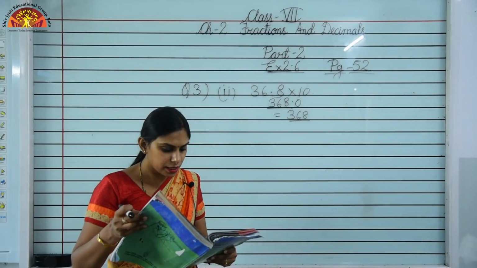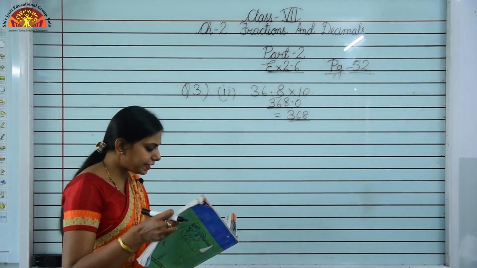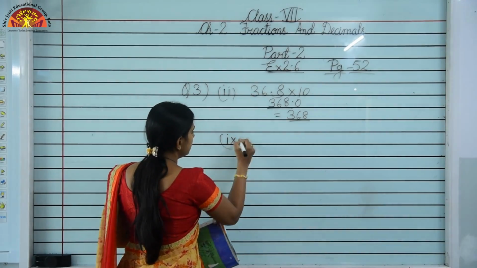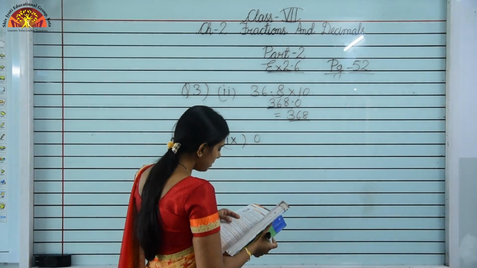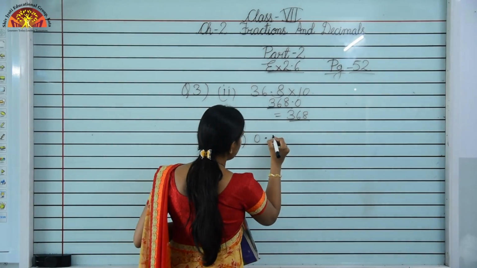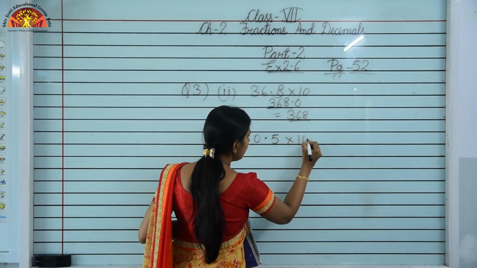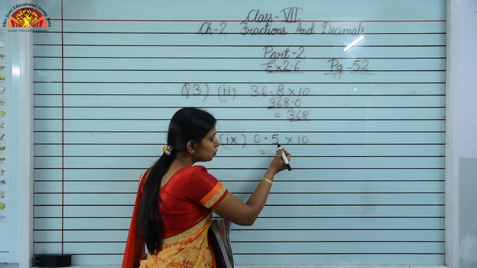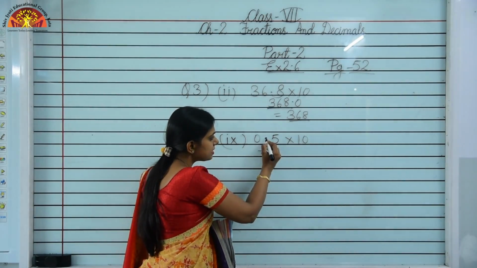Now just see the ninth part. That is 0.5 into 10. Again we will use the same concept. What is to do? Here the decimal is over here.